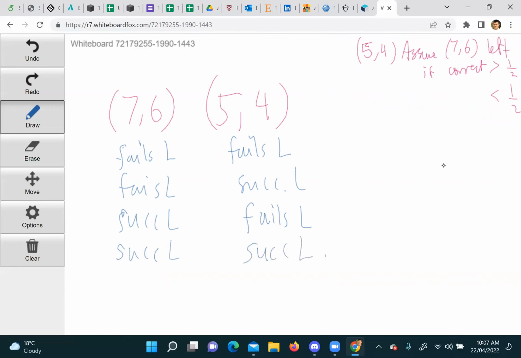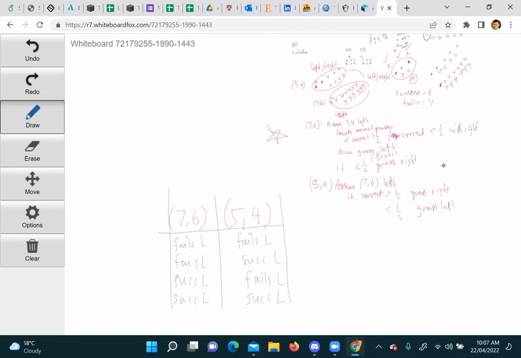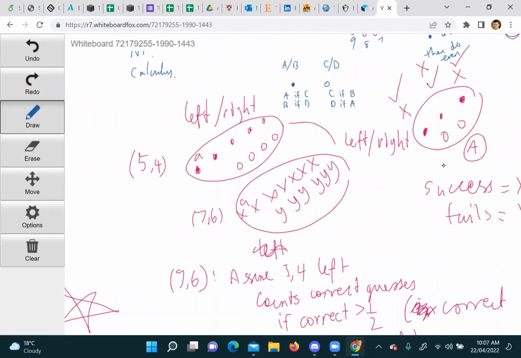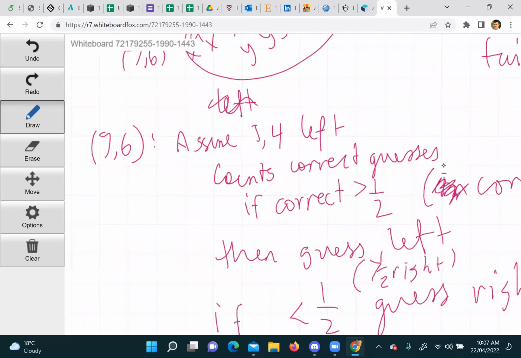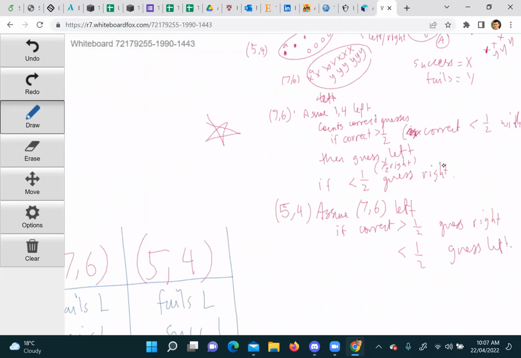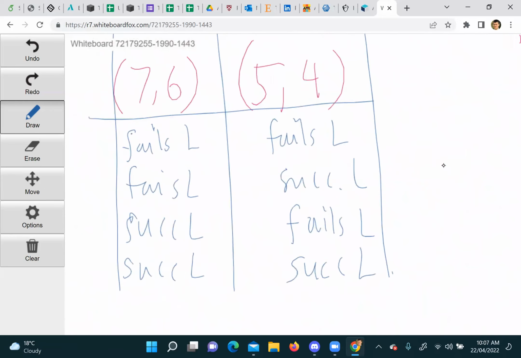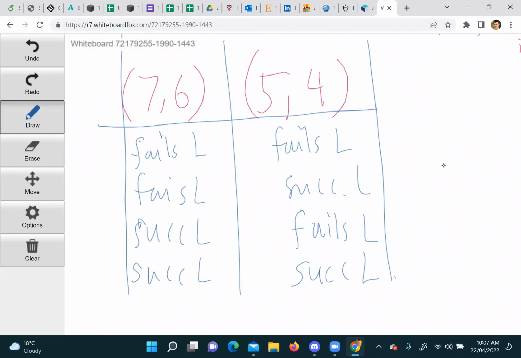Okay, so just test these cases. So if they're failing left, it's obvious to the other person they're failing left, right? Yeah. So then this person, upon seeing that the other person will fail left, the 5-4 strategy basically just assumes they're doing left. If successful, picks left. If fails, picks right, yeah? So he looks at the other person.